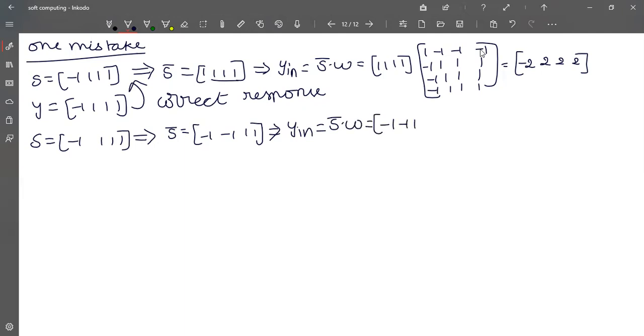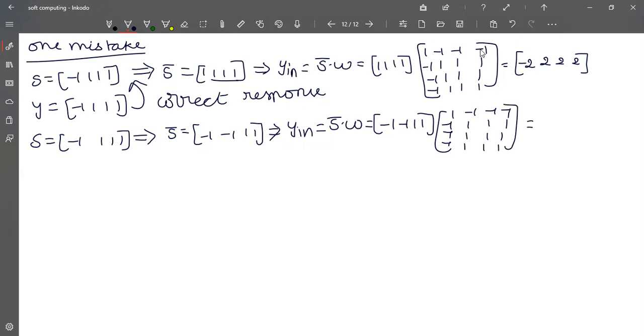So -1 -1 1 1 multiplied with our weight: 1 1 1 1 1 1 1 1 1.